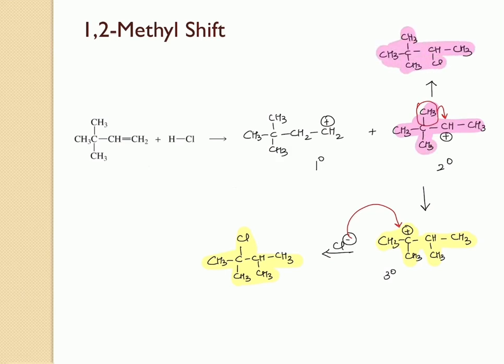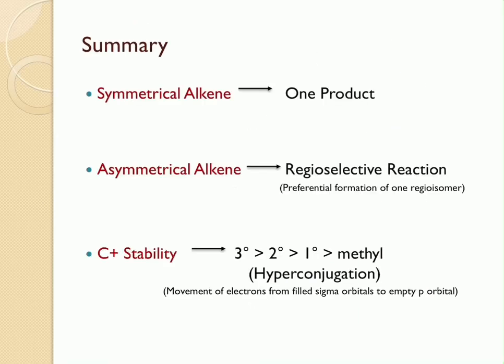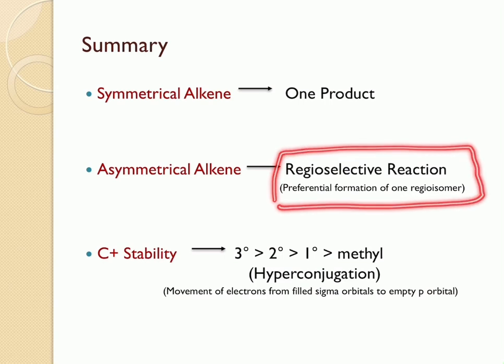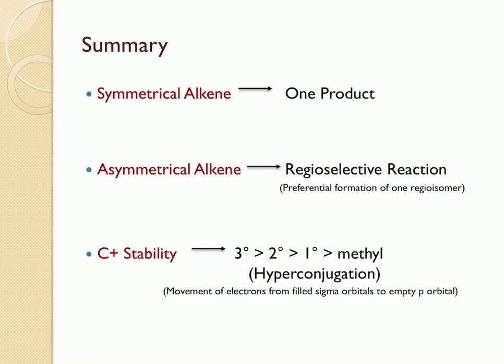On the whole, one carbocation can be rearranged to another one provided it gives a relatively more stable carbocation than the carbocation that it initially started with. To summarize, electrophilic addition of a symmetrical alkene is going to give us only one product, whereas an asymmetrical alkene is going to give us more than one product, and it is a regioselective reaction, which means there is preferential formation of one regioisomer.